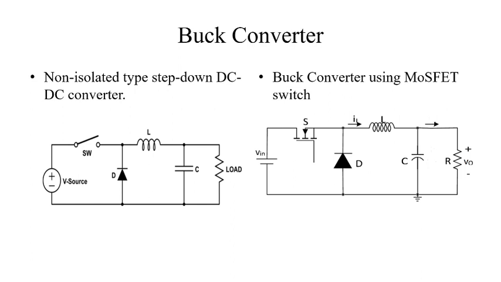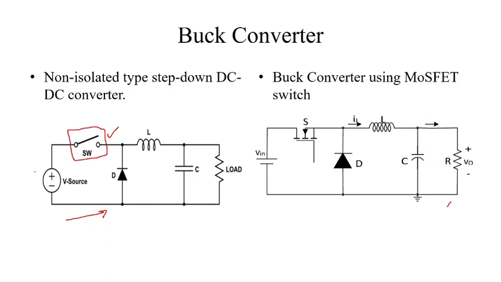So let us start with the very basic converter known as the buck converter. It is a non-isolated type step down DC to DC converter. You can see here, this is our switch. We are using one switch here. This is a power electronic switch, which is also called a solid state switch or semiconductor switch.